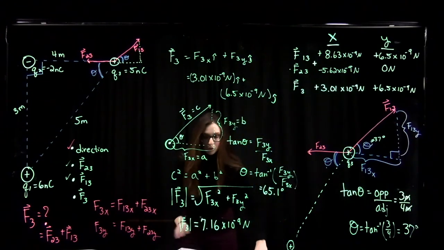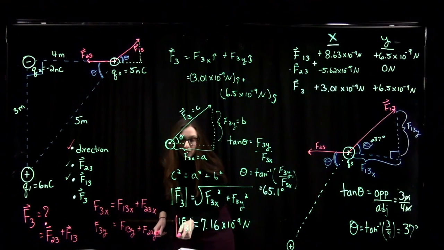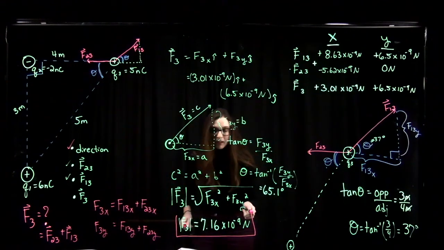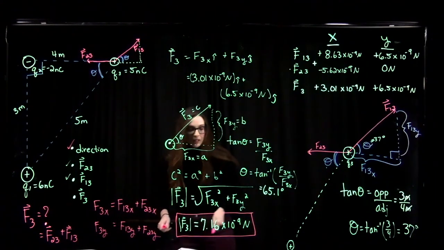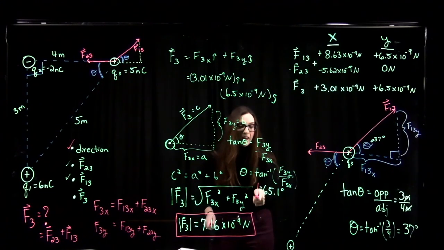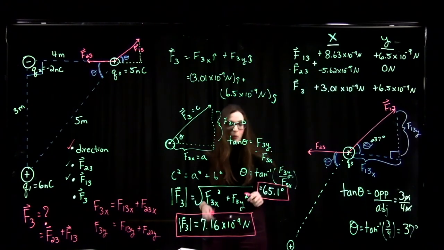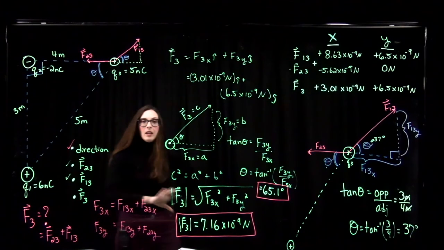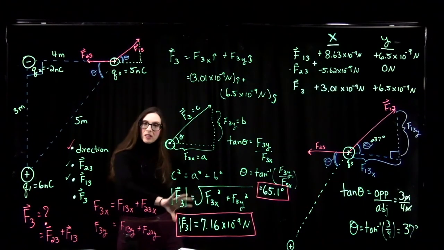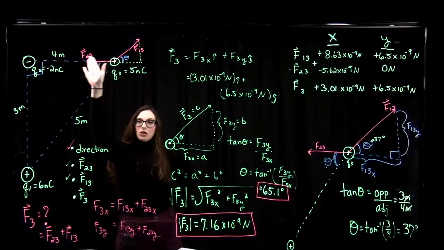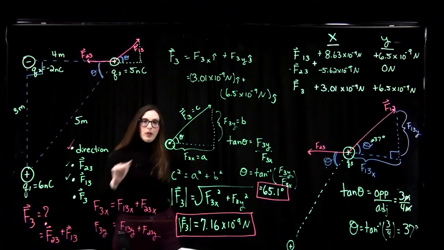Okay, so my magnitude of F3 is 7.16 times 10 to the minus 9 newtons at an angle of 65.1 degrees. Let's see where this vector lives in relationship to F23 and F13.